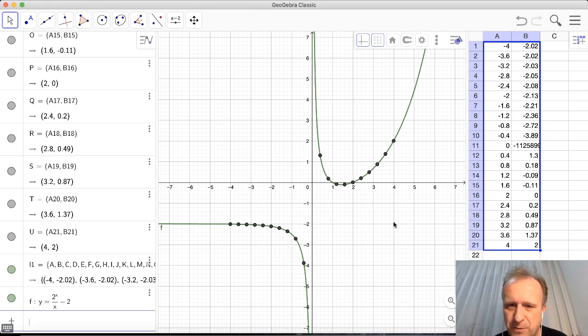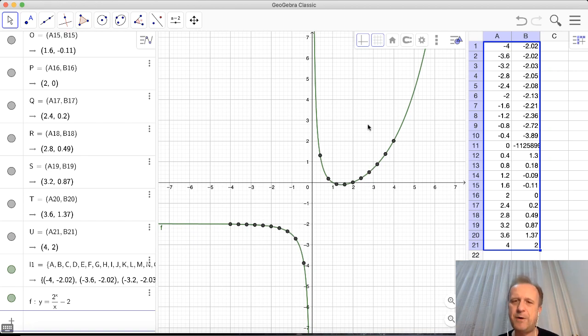Okay, so the basic idea how it does it is that it calculates the function values, but for many more points than I did here in this table, and thus draws a nice curve. It's not just these points, but a lot more. Okay, so GeoGebra can do it much better even without the table. So the table step can be skipped altogether, and you see the function like this.